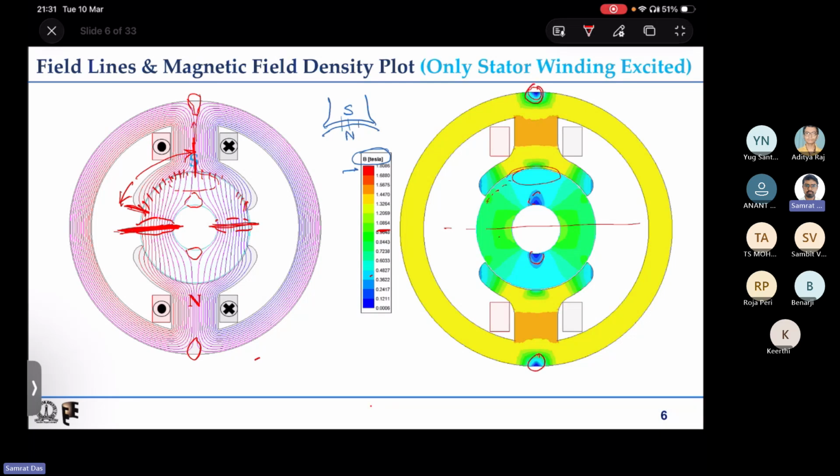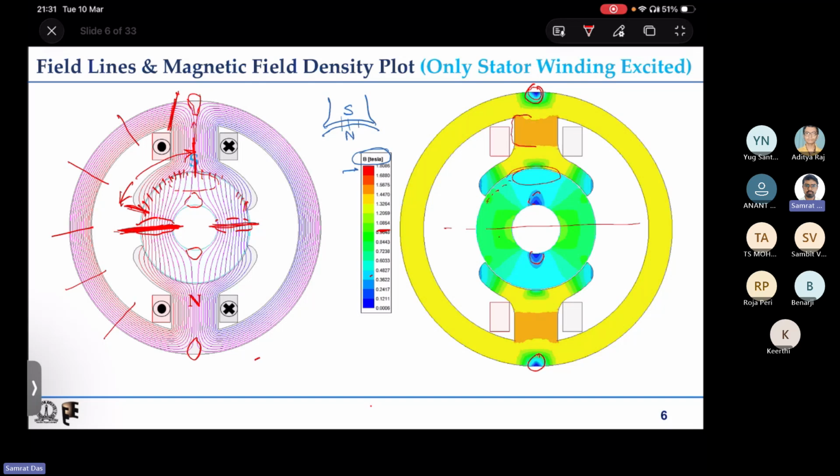And in the yoke, almost the same flux is flowing; all the lines that I am trying to indicate have the same number of flux lines flowing. That is why throughout the portion you have a yellow region that indicates a uniform flux density.